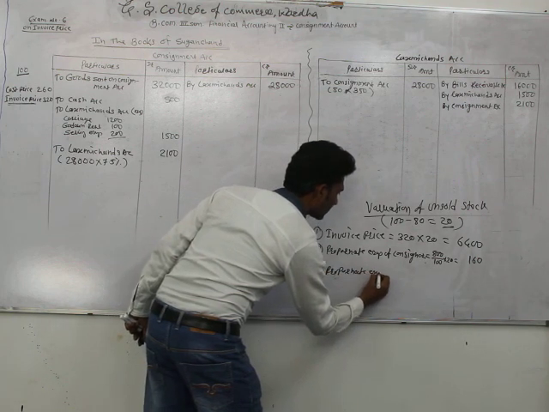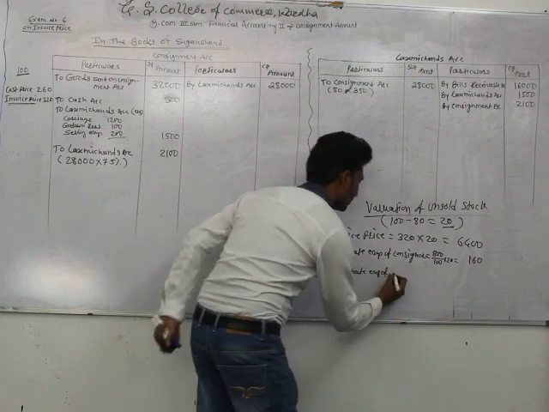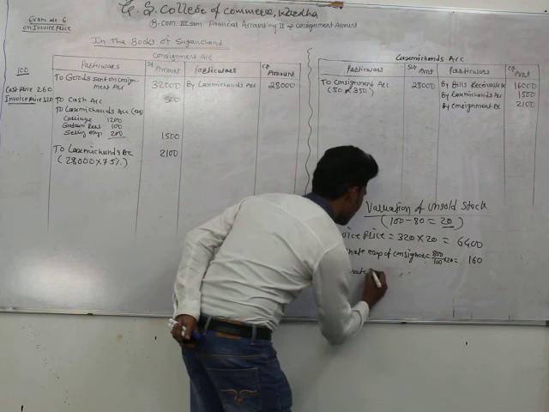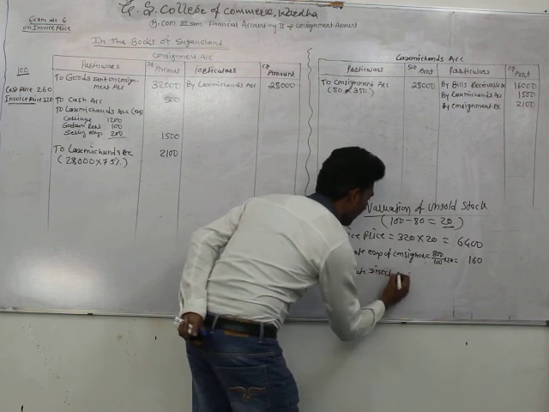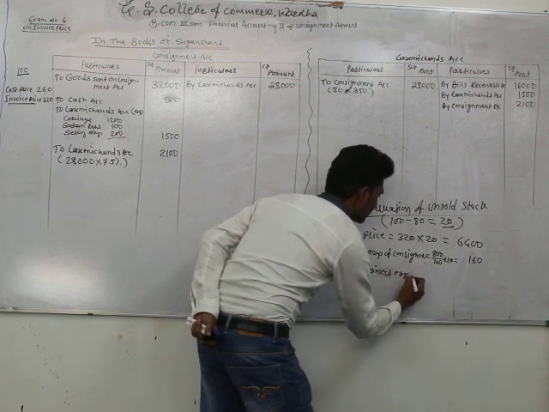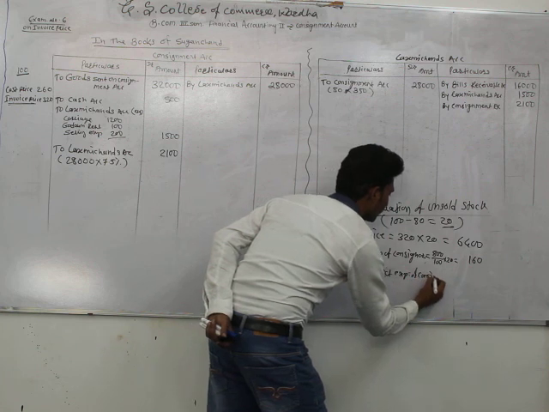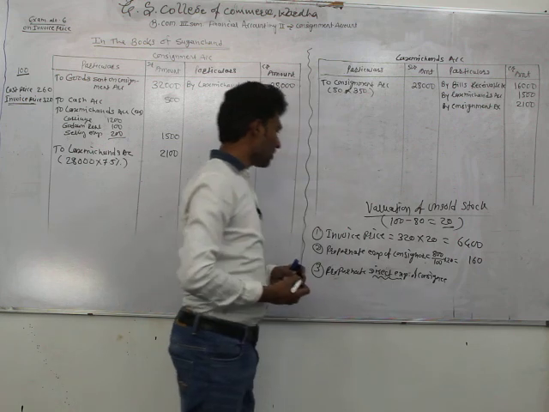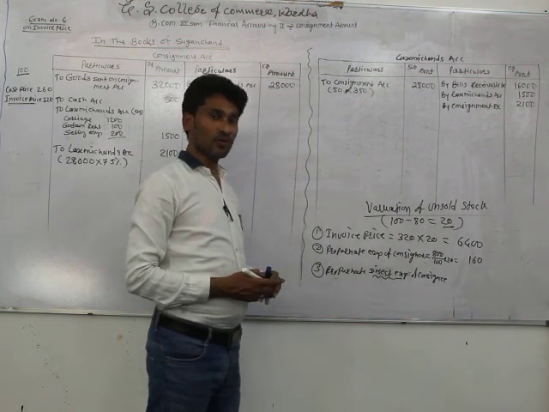Third, proportionate expenses of direct expenses of consignee. Okay, that's important. Of the consignee's expenses, only direct expenses are considered in the valuation of unsold stock.